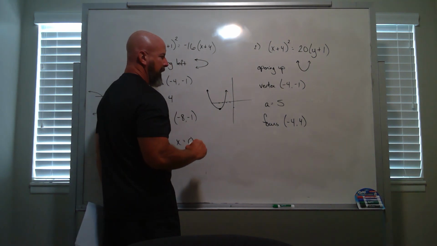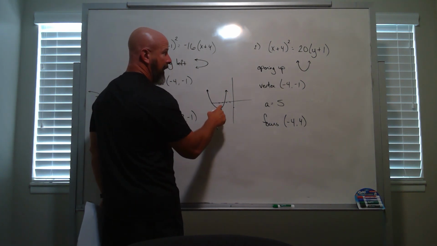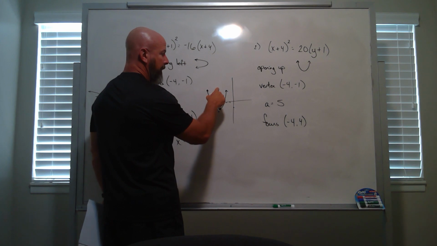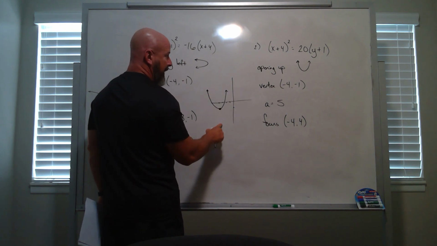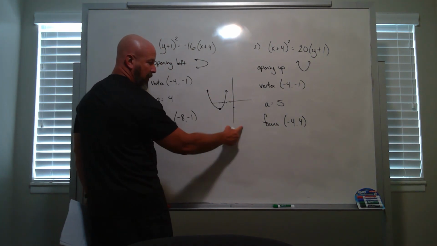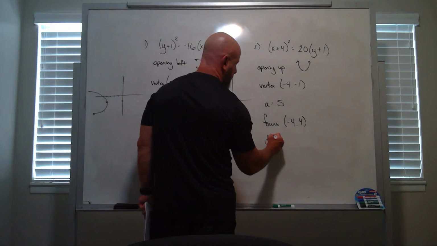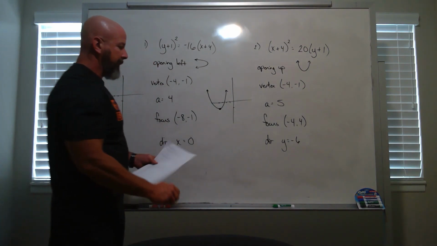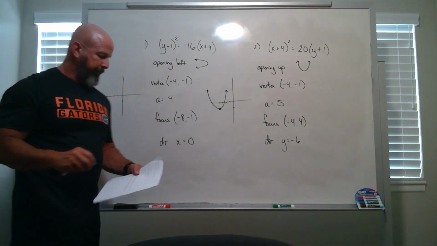Draw that generic parabola, count up 5 units, and then I will be at -4, 4. And then if I count down 5 units, it would be a horizontal line for my directrix. y equals -6 would be where that horizontal line would be.